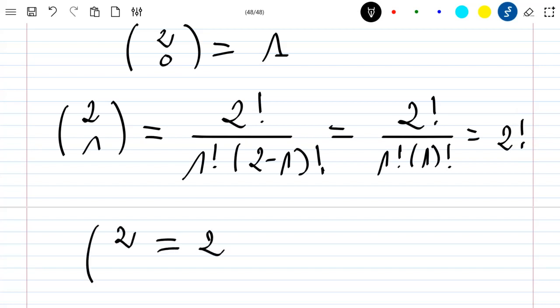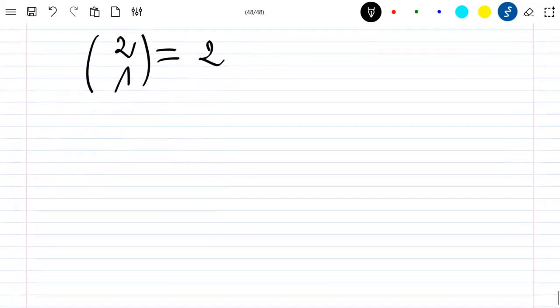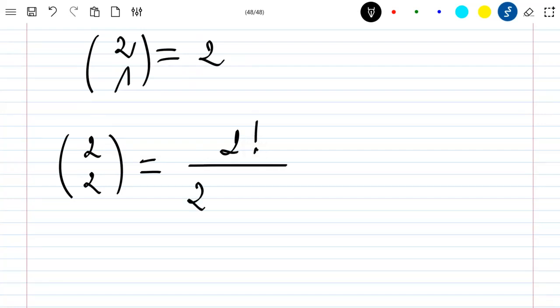So the second coefficient is equal to 2, and the third one is 2 choose 2. We apply the same formula: 2 factorial divided by 2 factorial times (2 minus 2) factorial.